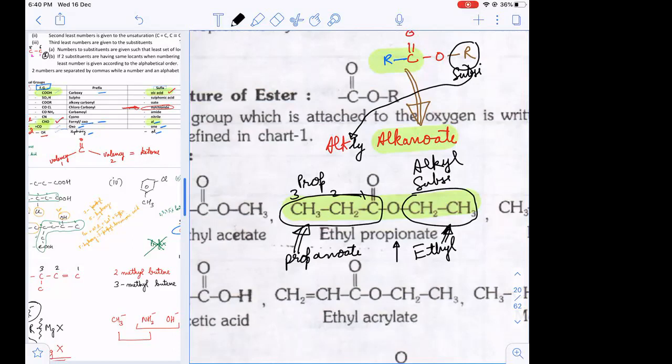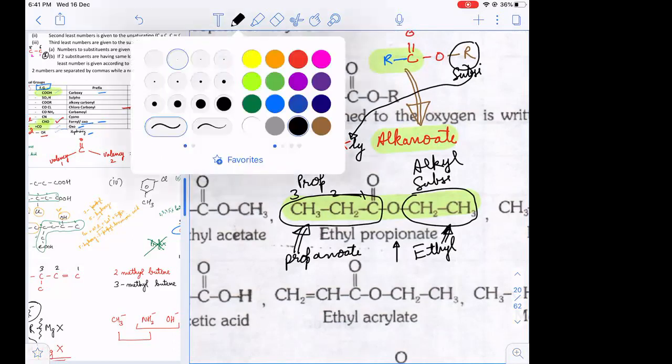So you will have to remember to put the I, or if there are options, there will only be one option of propionate. Both the options will not be there. So just remember that the I can be added here.